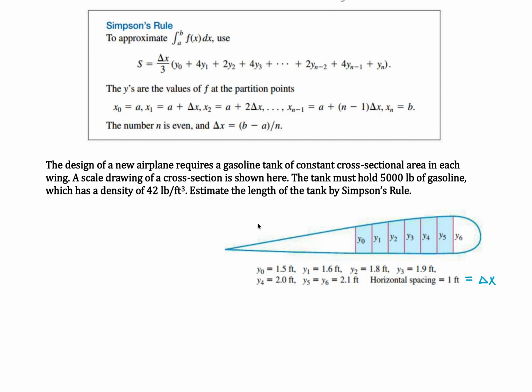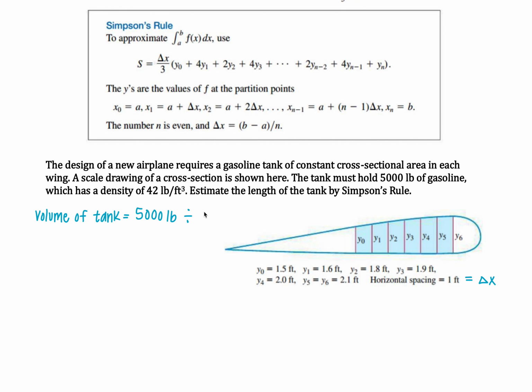Before I get into Simpson's rule, I want to talk about the volume of this tank. So the full volume of the tank can be found by taking the amount of gasoline that it holds here, or the weight of the gasoline, which is 5,000 pounds, and dividing it by the density of the gasoline.